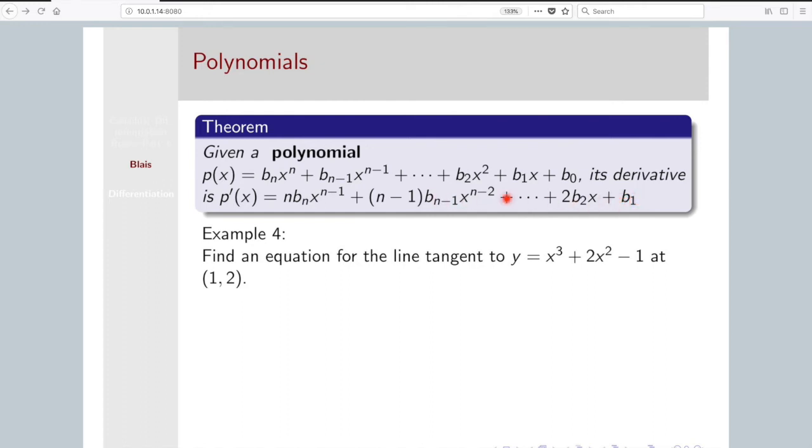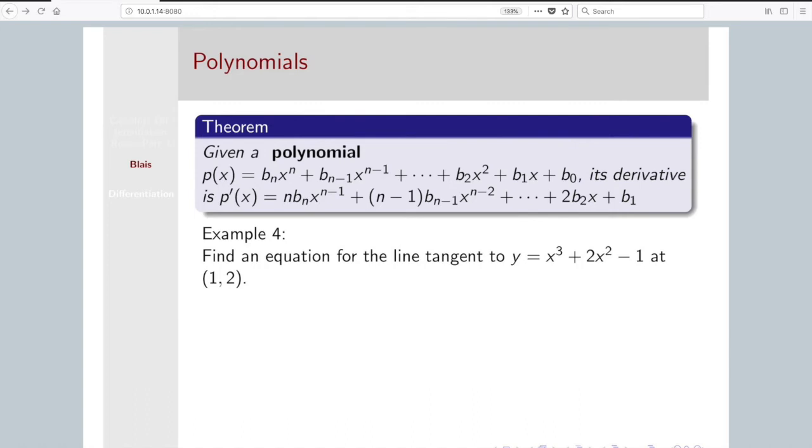Not something that you have to worry about memorizing. Rather, just notice that to get each term, we're just doing power rule on each term of the original polynomial. So b_n x to the n, when we differentiate that term, the n comes out front, and then we reduce the power of x by 1. And then each one of these terms is obtained by doing the same procedure through the polynomial terms.